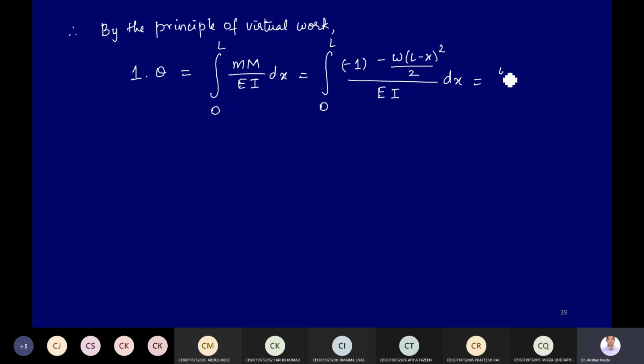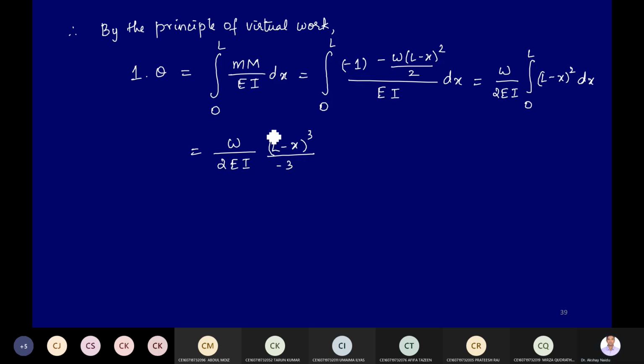This is W by 2 EI integral 0 to L of (L minus x) the whole square dx. So we get W by 2 EI times (L minus x) whole cube upon 3, divided by minus 1.